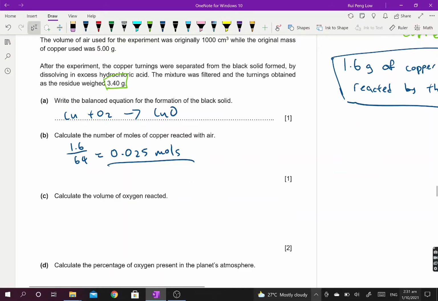Calculate the volume of oxygen reacted. Now, sorry, I need to adjust my balanced equation. It wasn't balanced just now. So my mole ratio of copper to oxygen is 1:2. Oh, sorry, wrong. 2:1, right?